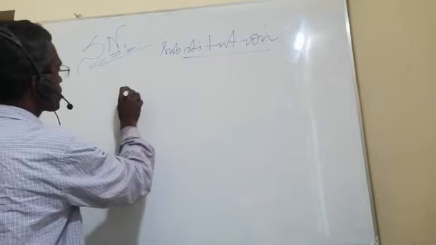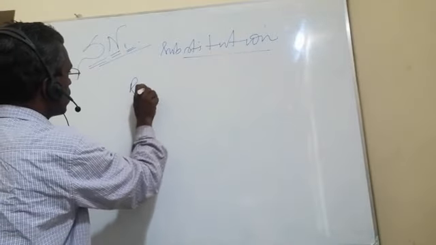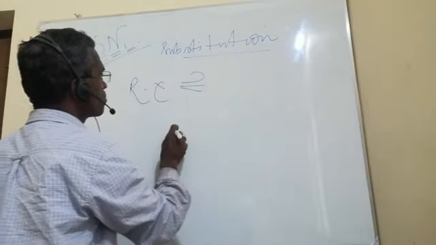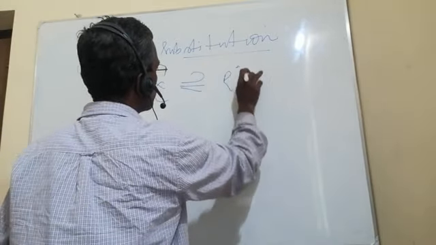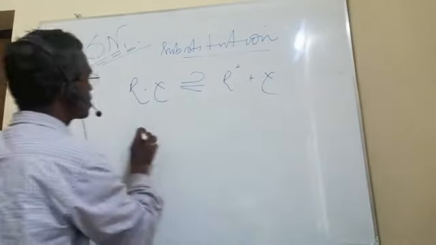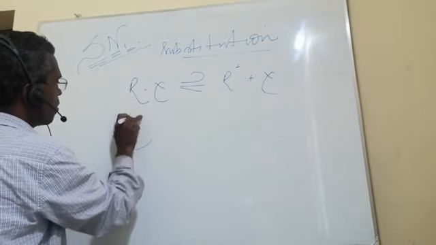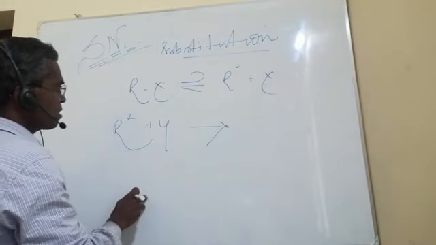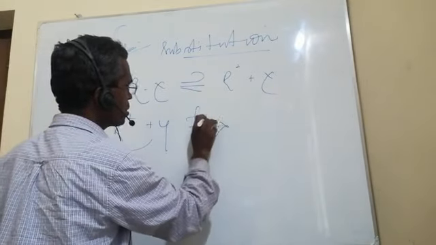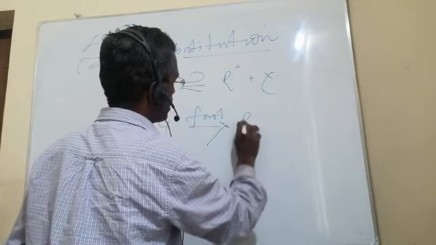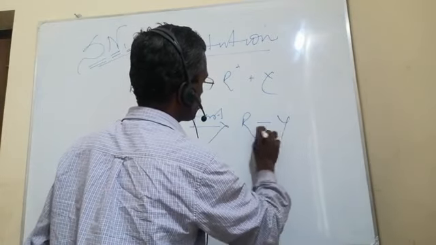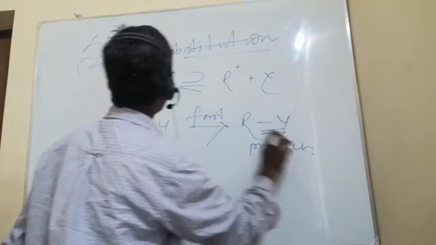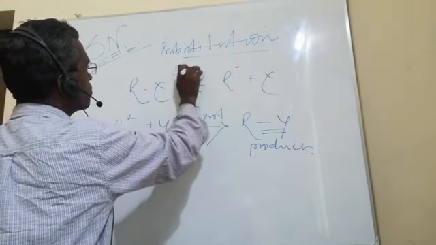See here, RX will be converted into R plus and X minus. In step number 2, R plus will be attacked by Y, that is your incoming group, your nucleophile, in a fast reaction, and R plus will be converted into RY, that is the product.